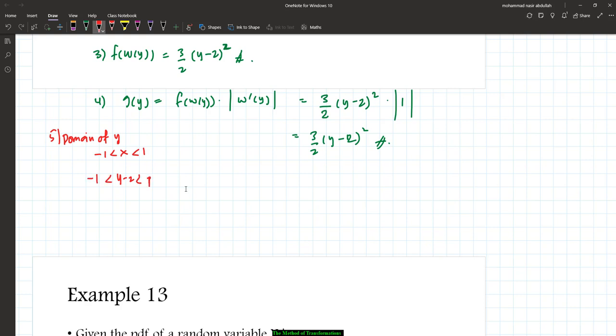So bawa ke sana, it should be plus 1, y is from 1 to 3. So the new PDF g(y) should be equal to 3 over 2 y minus 2 squared, for y from 1 until 3, and 0 otherwise. Right? Okay?